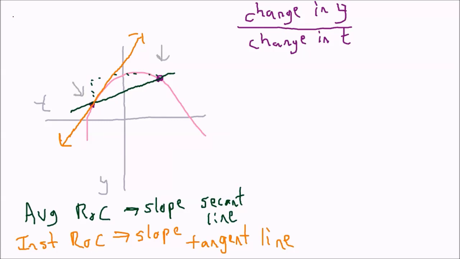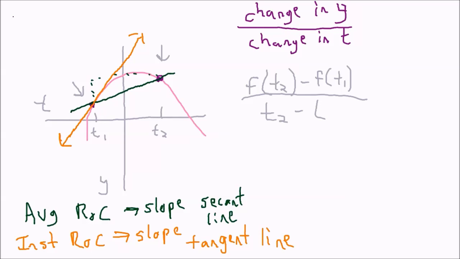Well, that's going to be f of t2 minus f of t1 over the change in time. Well, that's going to be the time value here at t2 minus the time value here at t1. So this is simply t2 minus t1. And this is the average rate of change between times t2 and t1.